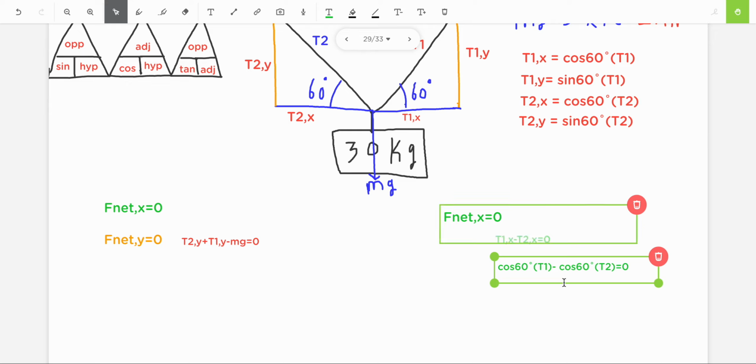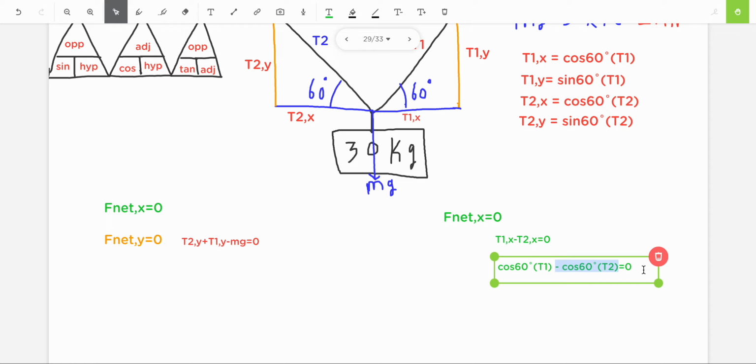That's very easy. The first step, we will shift this to the other side, so it will change the sign.